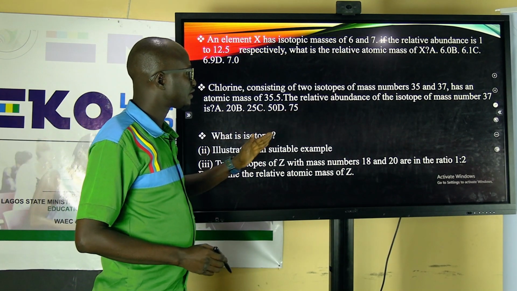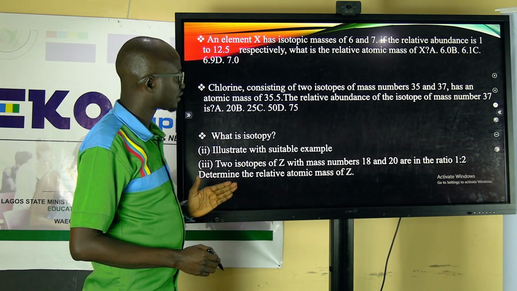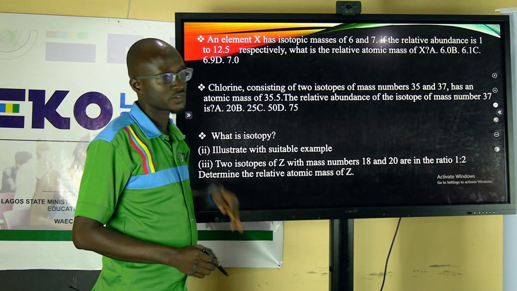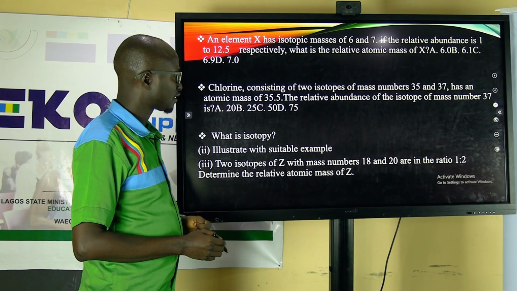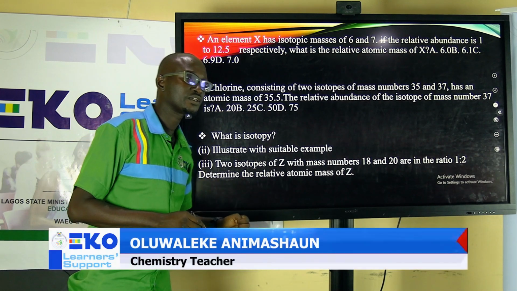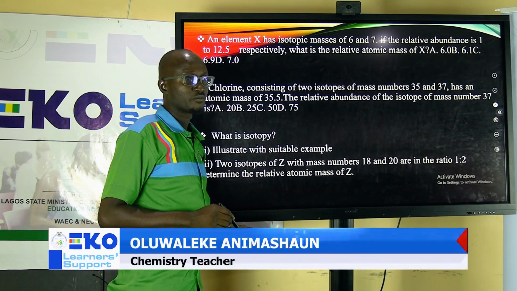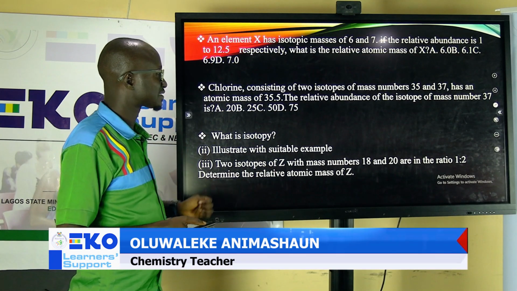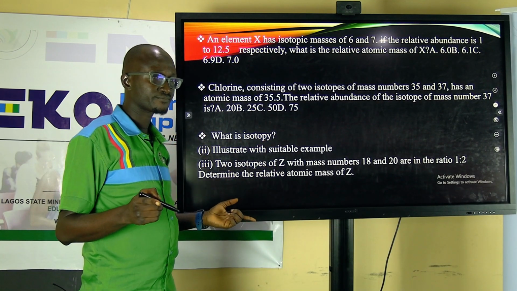We were not given any of the abundance. We were told to find the relative abundance of a particular isotope, and we were not given that of the other one. So how do we solve it? What will make it easily solved is that it comes in form of percentage, because percentage is the only one that has a definite total of 100.